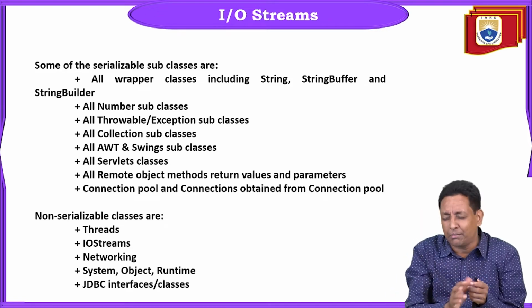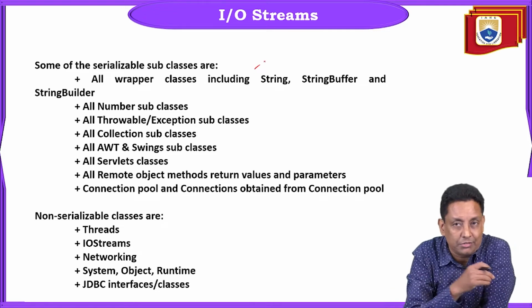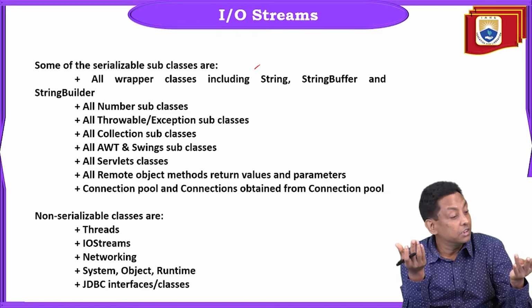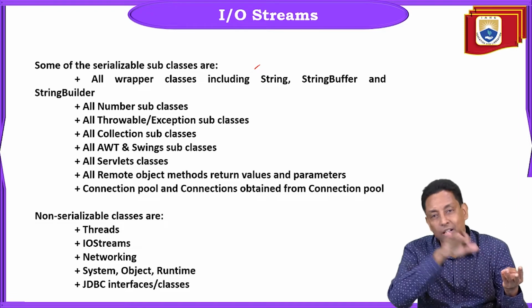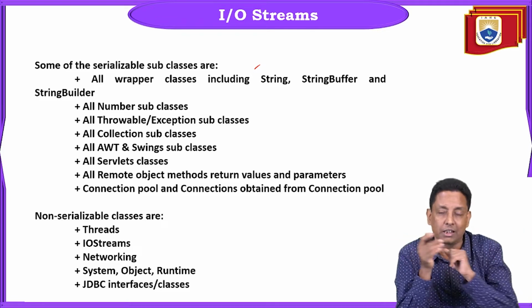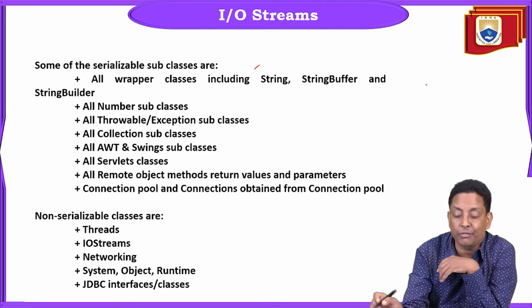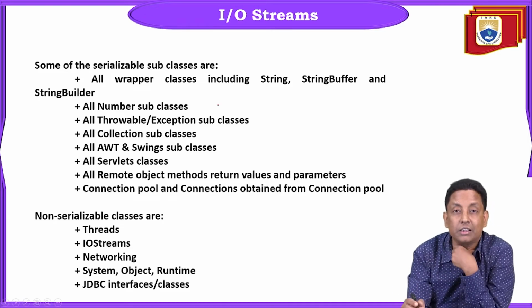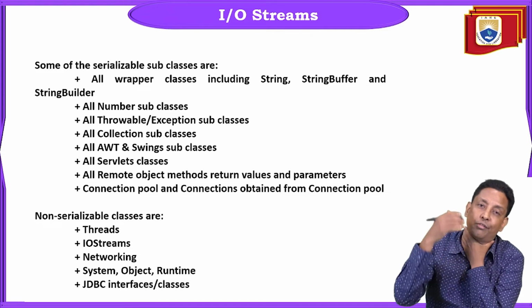But some of the classes are all wrapper classes: byte, short, integer, long, float, double, character, boolean, and also string, string buffer and string builder, and all the number classes. Then next, exceptions: all checked exceptions and unchecked exceptions, and all classes derived from exception and runtime exception classes.